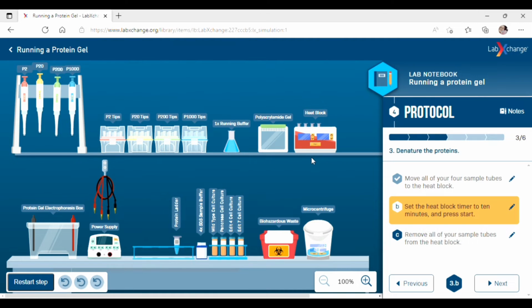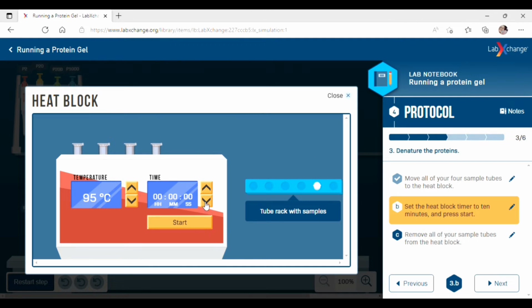Move all of the samples into the heat blocks. The function of the heat block is to incubate samples at a constant temperature over a long period of time. We're going to heat the tubes for about 10 minutes.